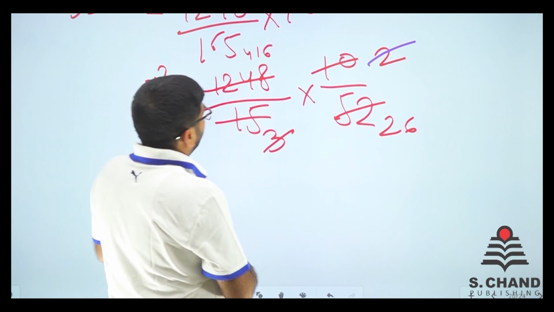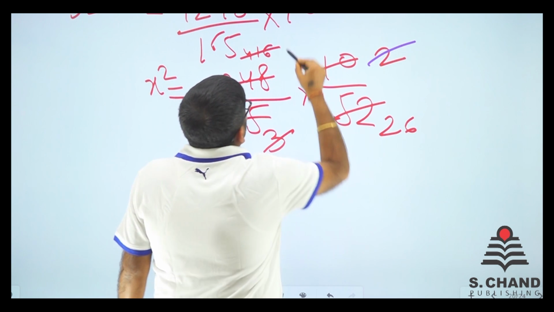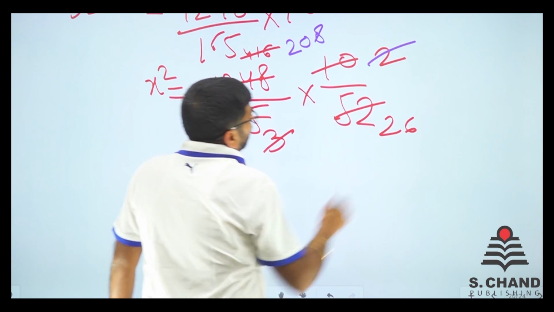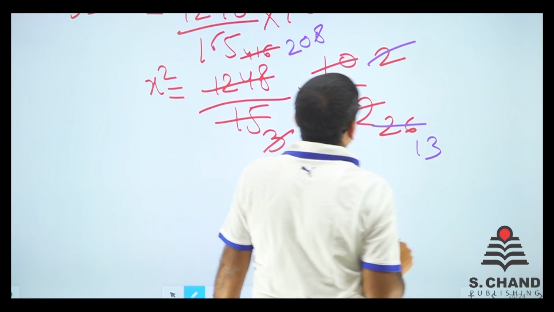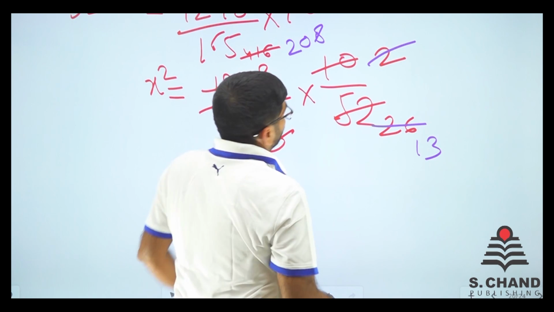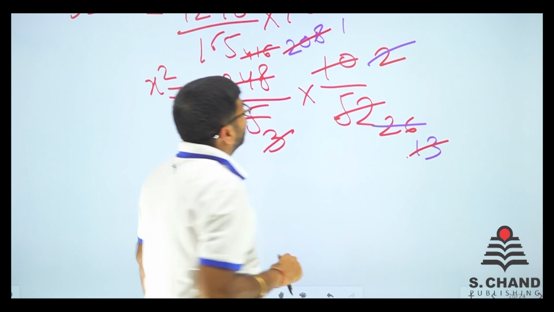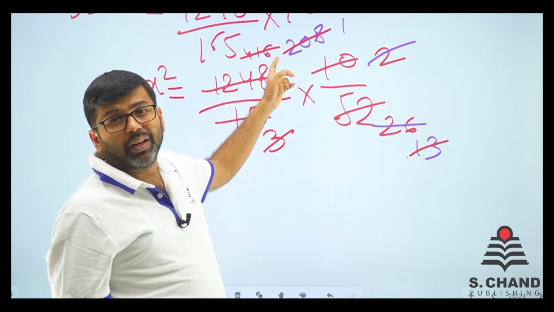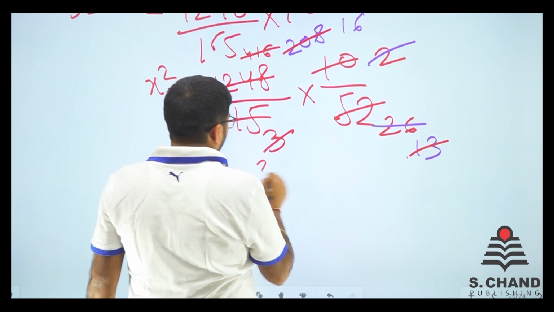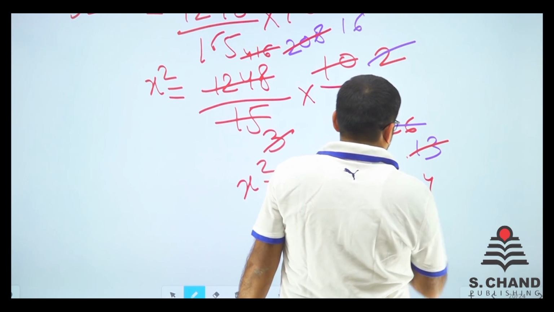So 416 when divided by 2, we got 208, and this is 13, right? So we divide by 2, 13. So 13 times 16 is 208. So x square is 16. That means x is equal to 4.